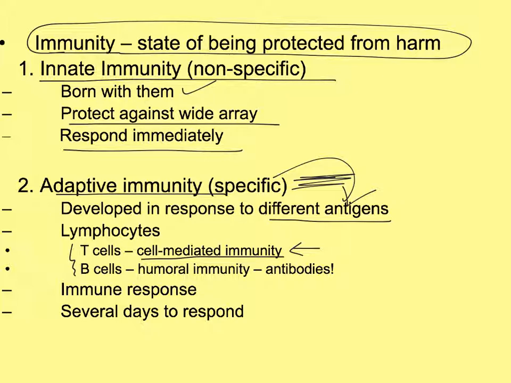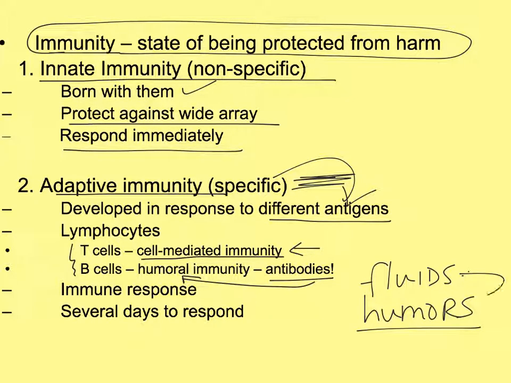B cells release antibodies into the fluids of the body, and fluids are often referred to as humors. So the antibodies are released into the fluids, or the humors, and that causes humoral immunity.